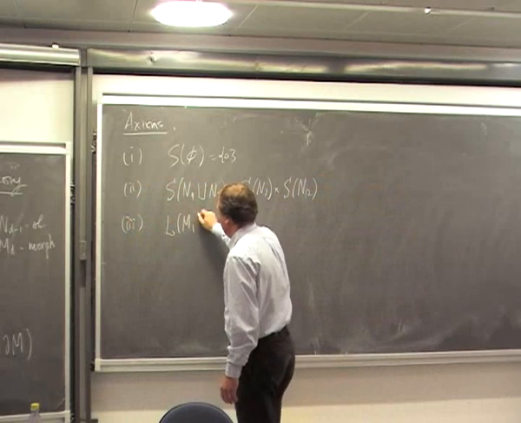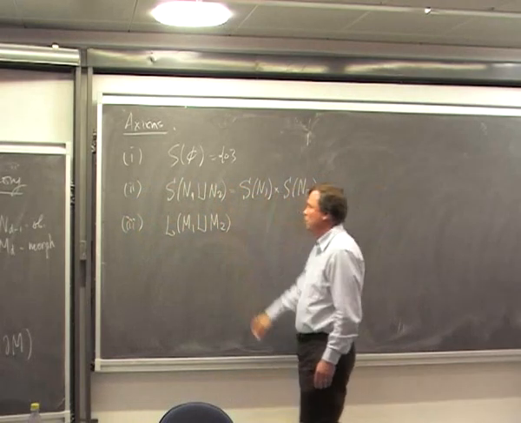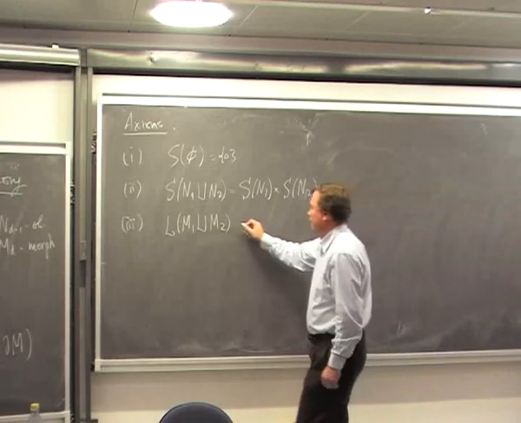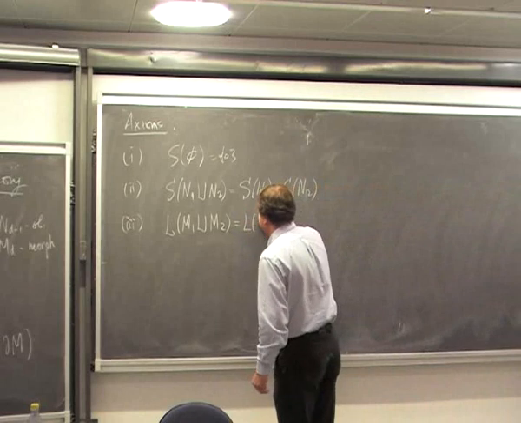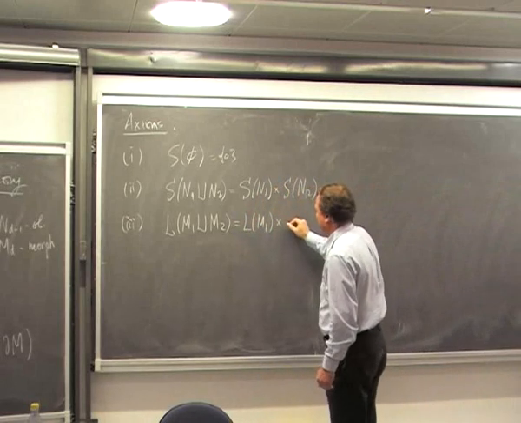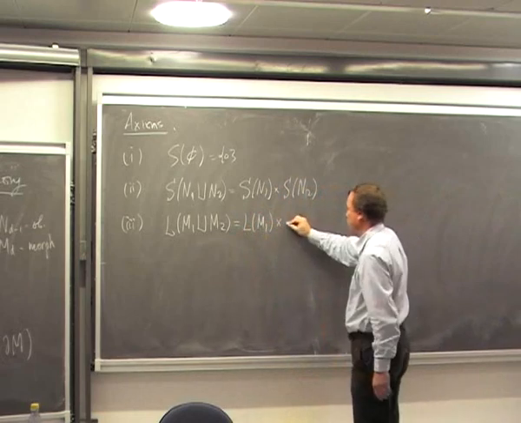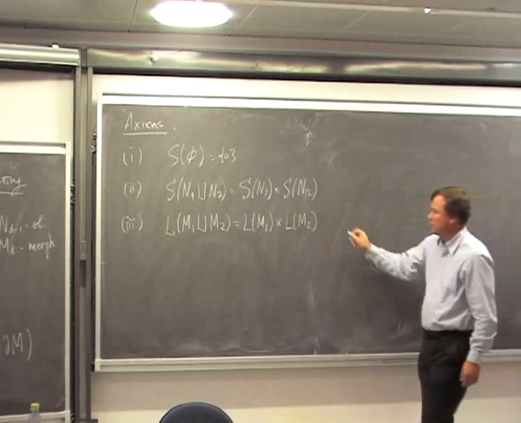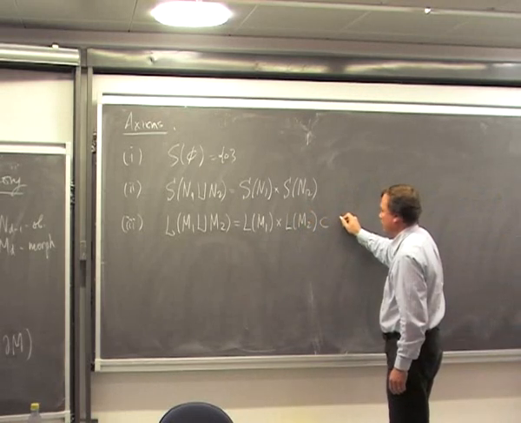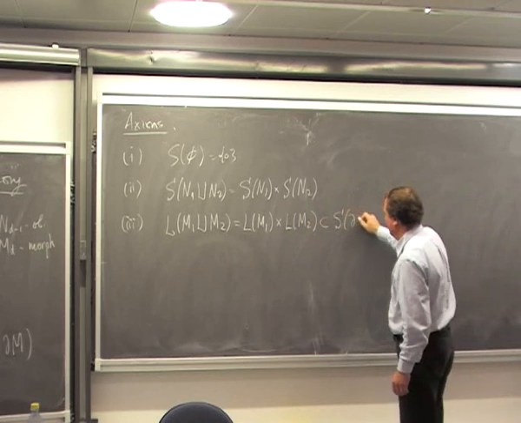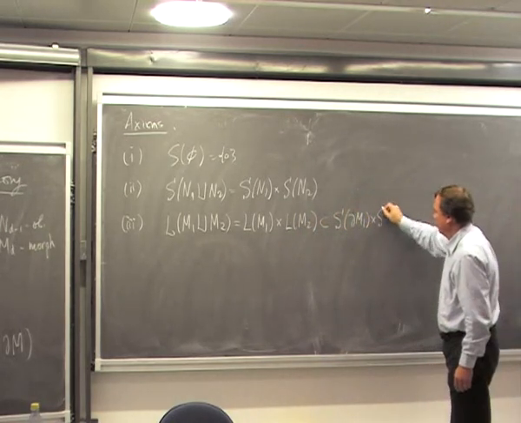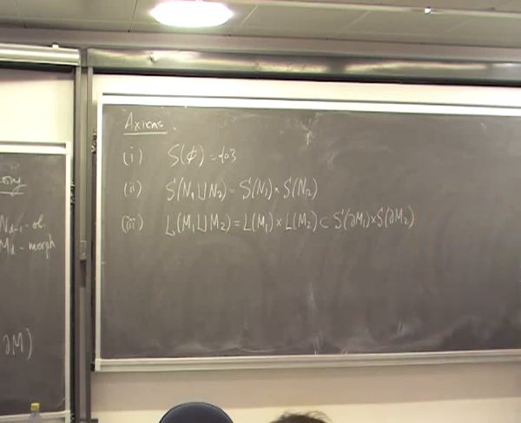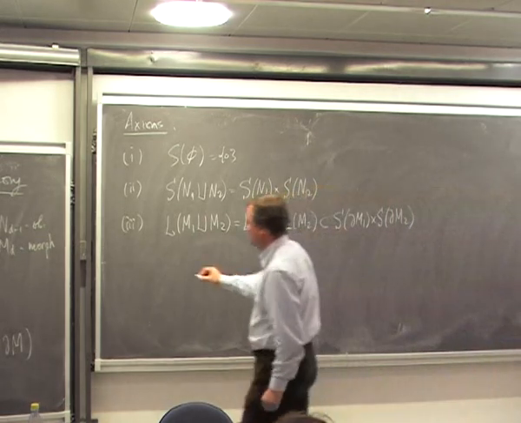And the corresponding Lagrangian subspace in the boundary of this disjoint union is the Cartesian product of Lagrangian subspaces in this symplectic space.